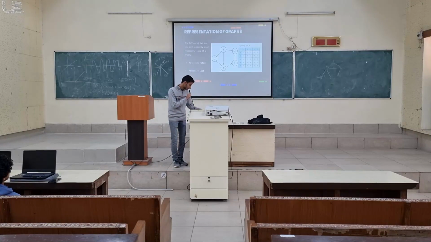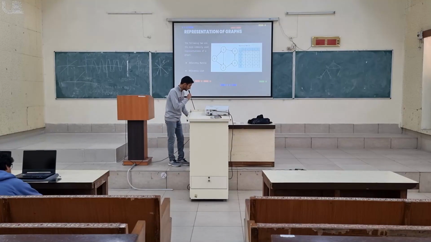This adjacency matrix is actually for unidirectional edges. You can have it for bidirectional edges as well. See, every zero in the matrix represents that those two nodes do not have an edge between them, and one represents that they have an edge between them, and it is unidirectional.